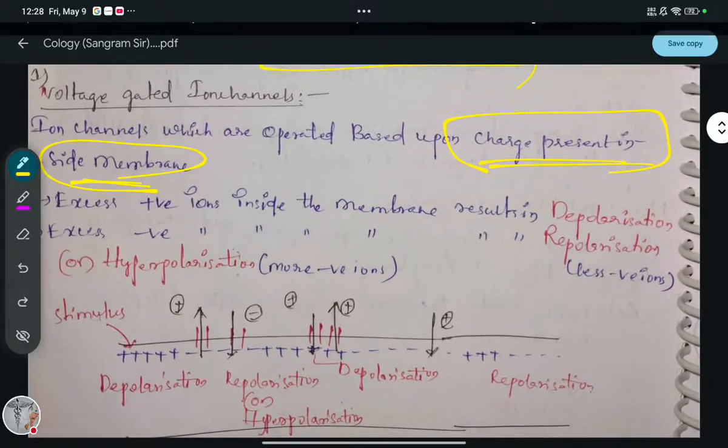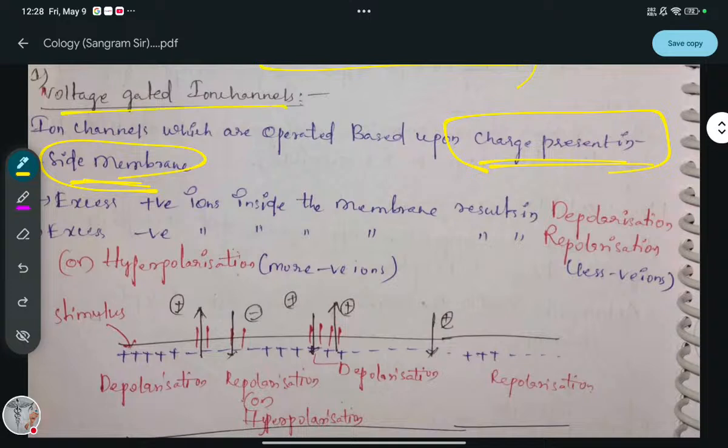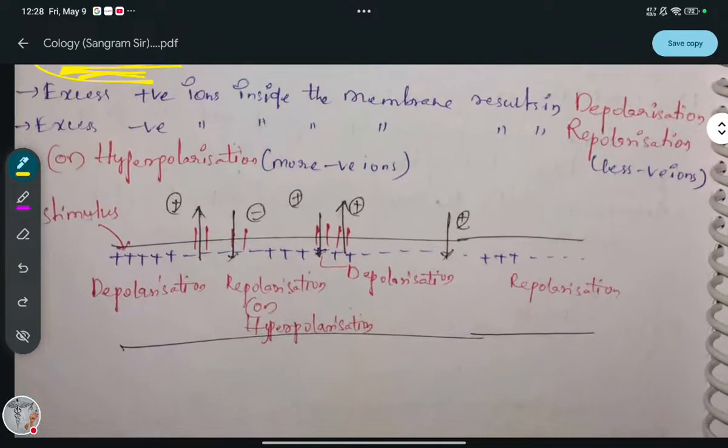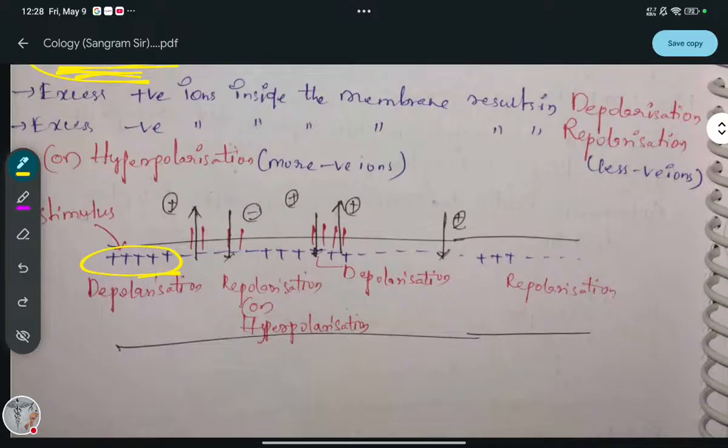So what are voltage gated ion channels? Voltage gated ion channels are those ion channels which mainly operate based on the charge present inside the membrane. Why inside the membrane? Depolarization takes place when the inside of the cell membrane is more positively charged, or positive potential is present.